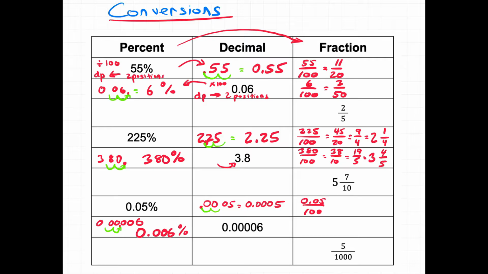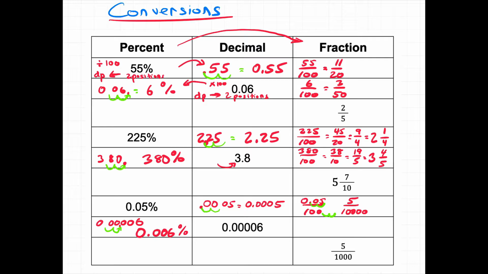But again, what I need to do is move that decimal 2 spaces to the right. So if I move that 2 spaces to the right, I need to move this 2 spaces to the right. So what we actually end up with there is going to be 5 over 10,000, and those 2 spaces here are filled with zeros.